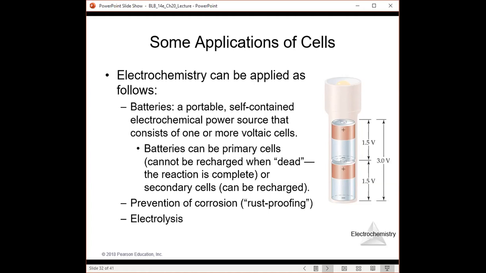So when it comes to putting metal, especially different types of boats, in water, especially salt water, you want to put something on there to keep it from rusting and rotting out. So prevention of corrosion is one. Then you have electrolysis, and electrolysis is another thing that we can look at.